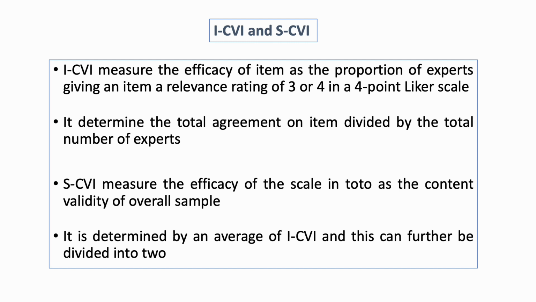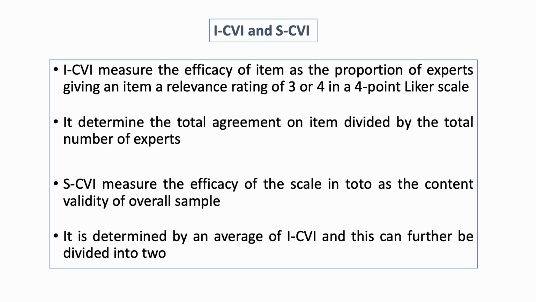We count those agreements, which are 3 or 4, and then we divide by the total number of raters, so that determines the ICVI. It is the total agreement on an item divided by the total number of experts. The SCVI, or scale CVI, measures the efficacy of the scale in toto as the content validity of the overall sample.